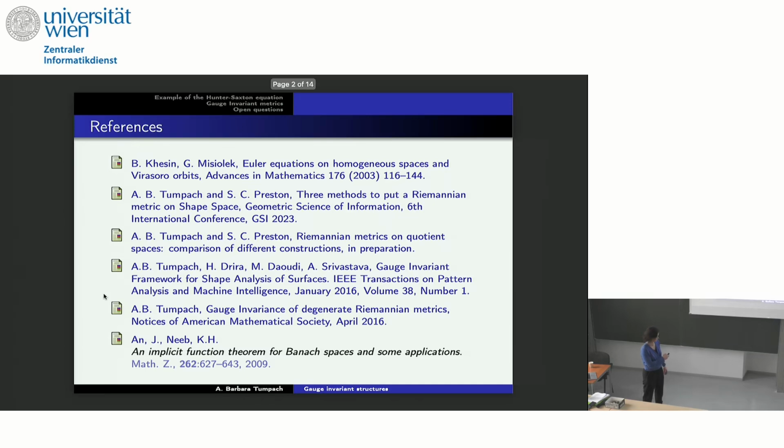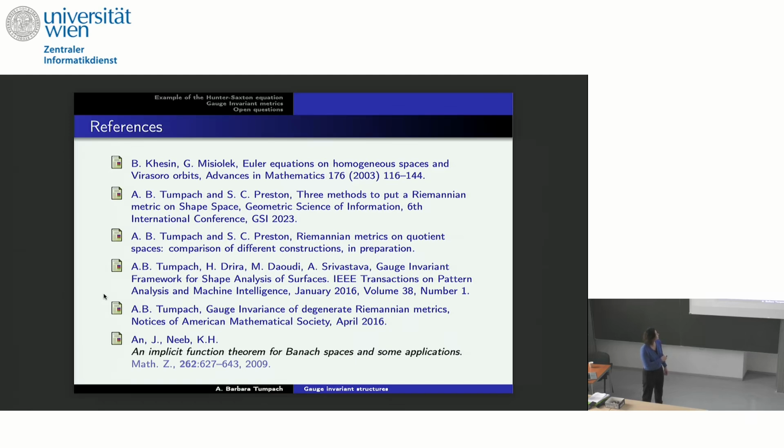So there is a paper already and a new one with more details. And I use this kind of ideas in shape analysis. So this is the original paper where this idea was used.